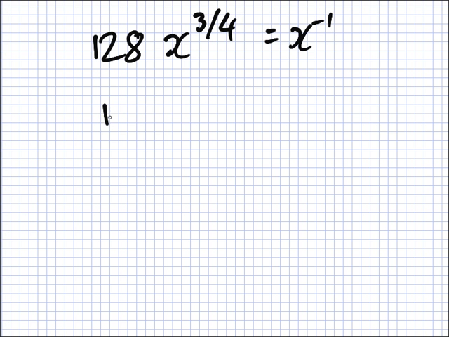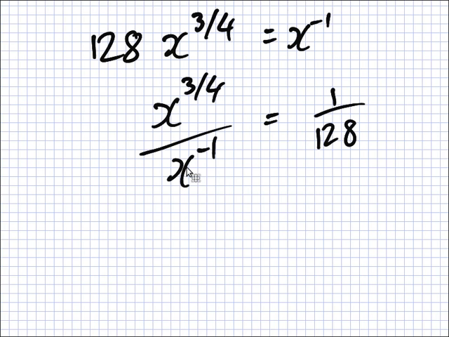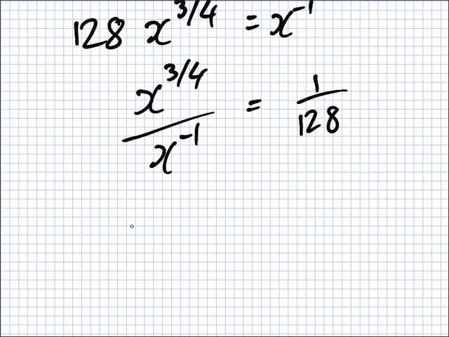Okay, so that will be 128. Well, do you know what? I'll say x power 3 over 4 over x power minus 1 equals 1 over 128. So that would be x power 7 over 4, equals 2 power minus 7.